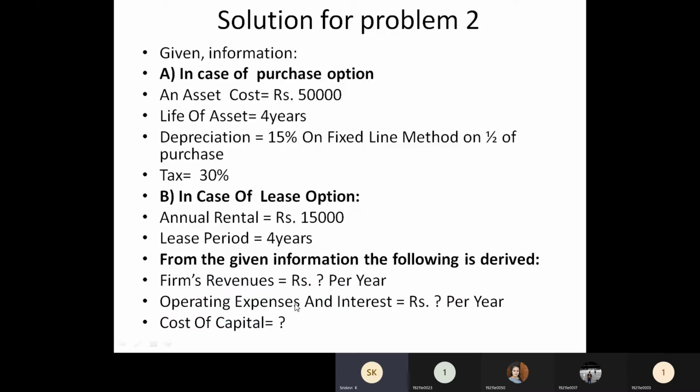So all these three pieces of information we have to derive, and then we have to apply them in calculating the NPV. Without this information, you cannot calculate the NPV. So first of all, we have to calculate what is the revenue of the firm per year, what is the interest that they are going to pay per year, and the cost of capital that should be paid. Okay.